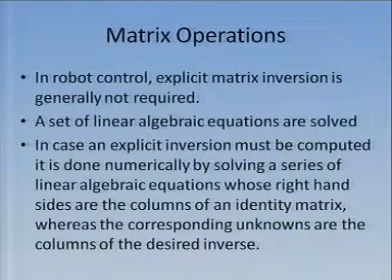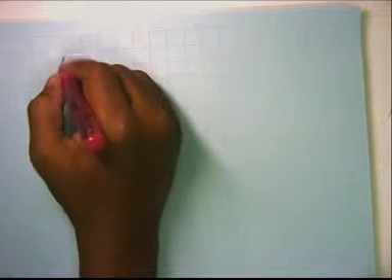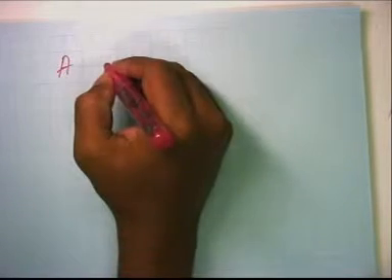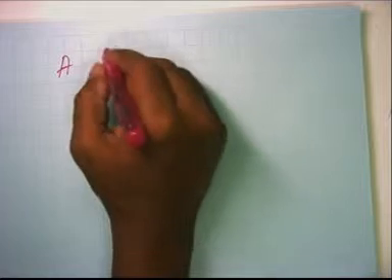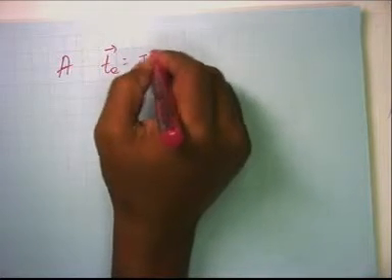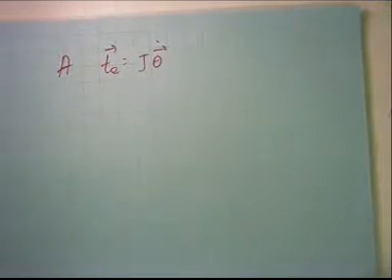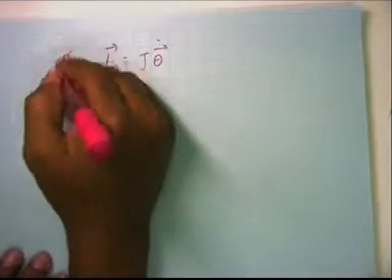For example, go to the paper now. Suppose I have T E is equal to J theta dot. I am talking about our velocity expressions.